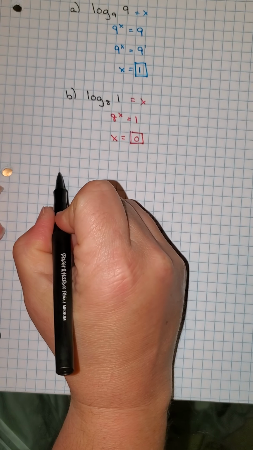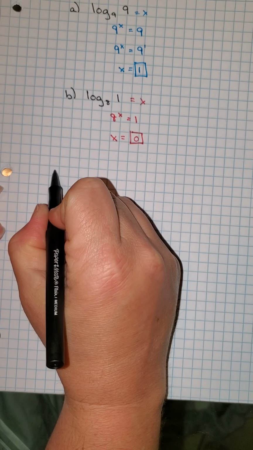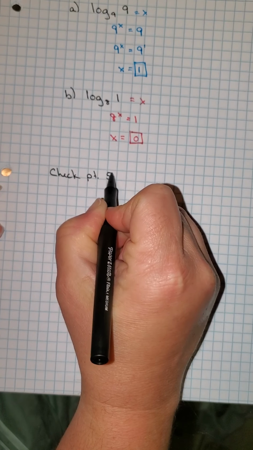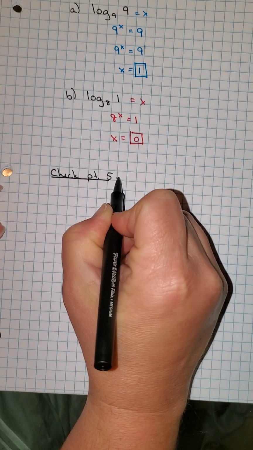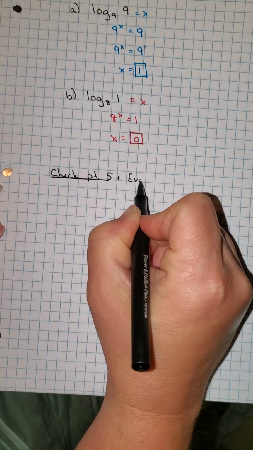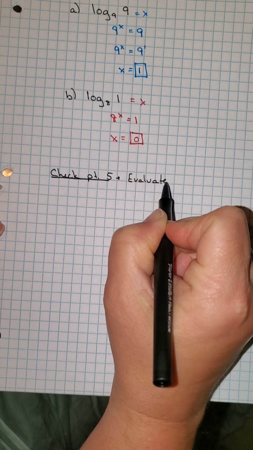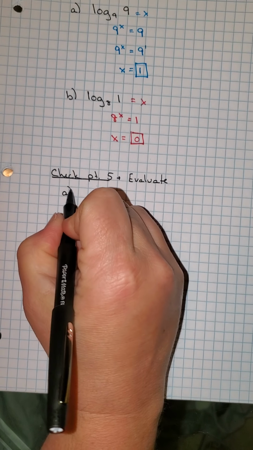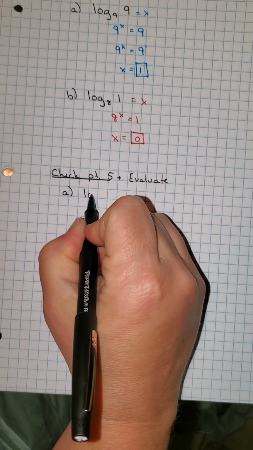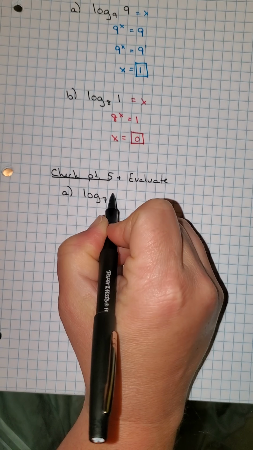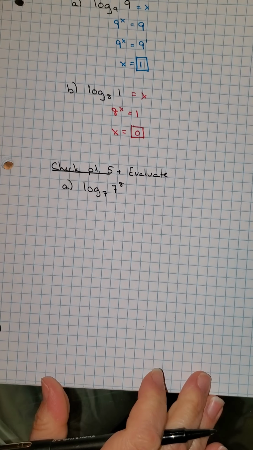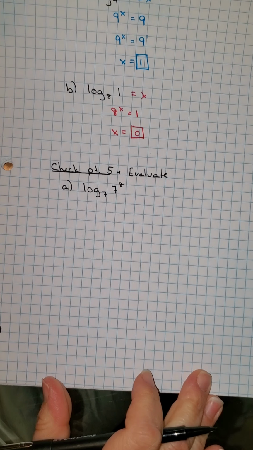All right, checkpoint 5, we're going to evaluate. Okay, for A, we have log base 7 of 7 to the 8th. This one's kind of a crazy one.